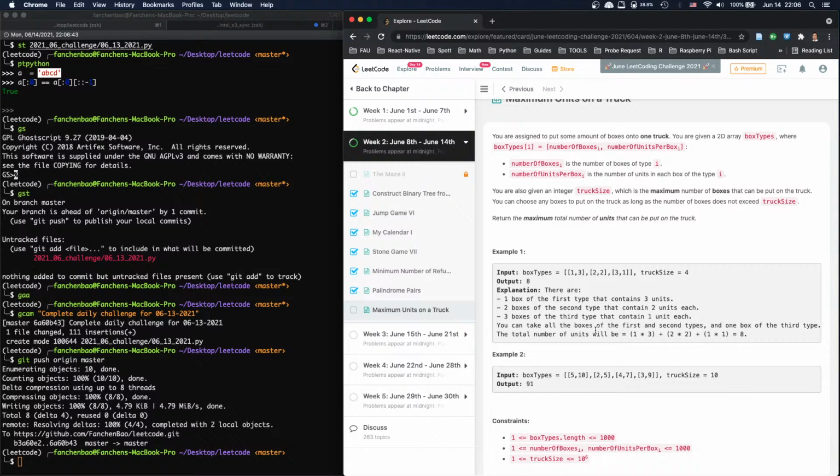So I think it's like what's the maximum item you can get if I have one, if I put 1 item of this. Is that how you solve it?